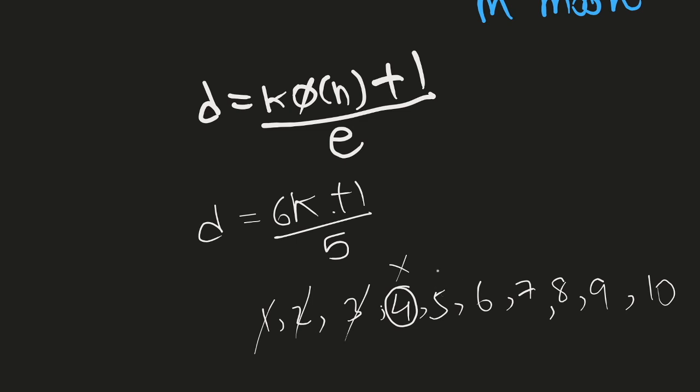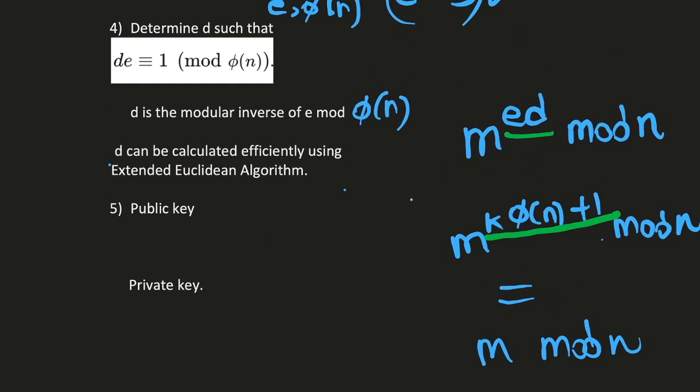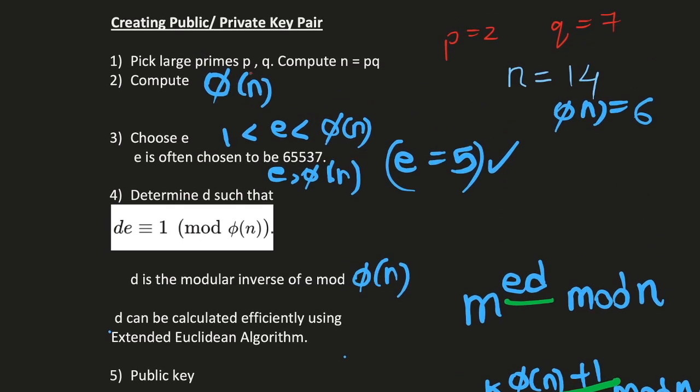So let me just keep going. k as 5 is not an integer. k as 6, again not an integer. k as 7, not an integer. k as 8, not an integer. k as 9, it works. 6 nines are 54. 54 plus 1 is 55. 55 by 5 is 11. And there, now I have a suitable candidate for D, and now I have my D as well.